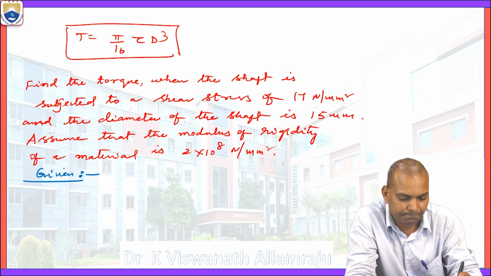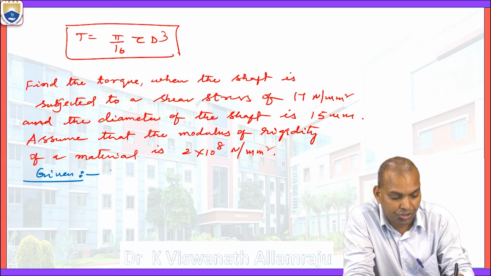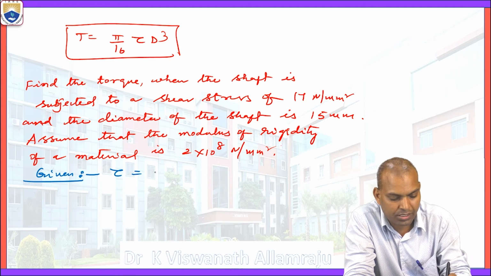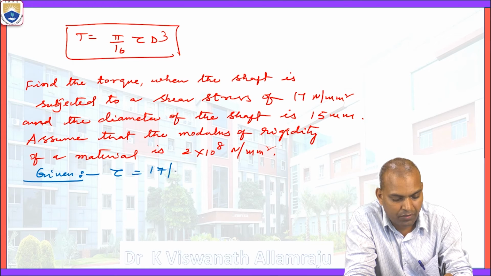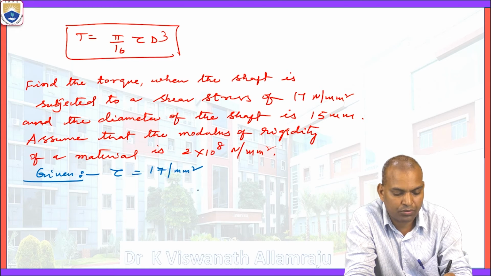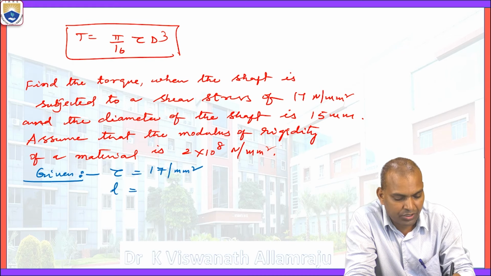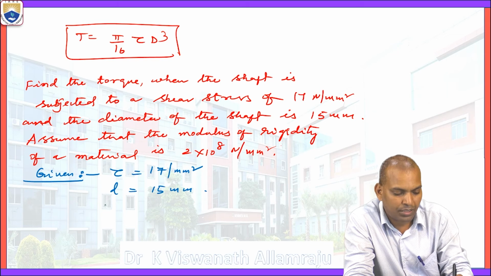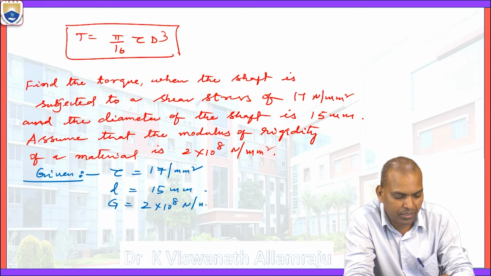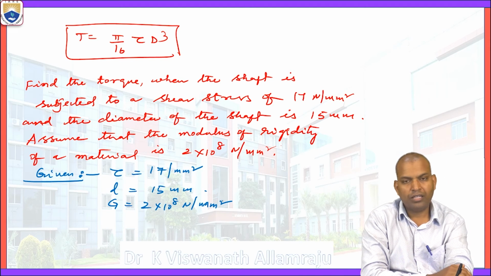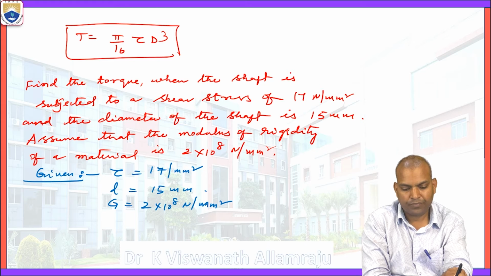Based on the given data, the shear stress developed here is tau, that is 17 Newton per square millimeter, the diameter of the shaft is 15 millimeters, and the modulus of rigidity is 2 into 10 power 8 Newton per square millimeter. Now here already all units are in homogeneity.